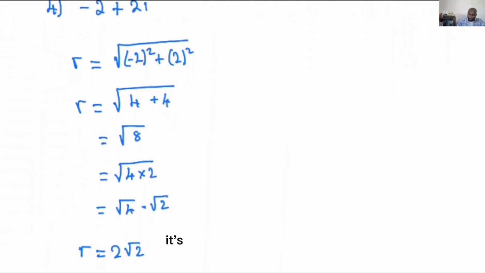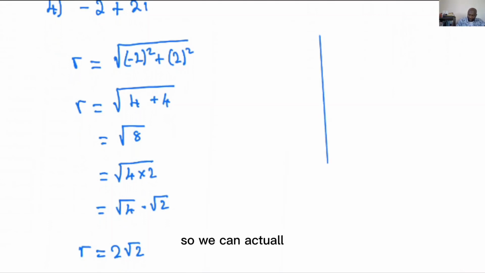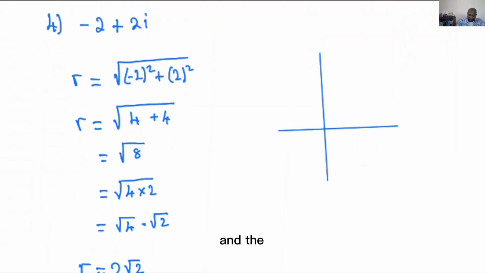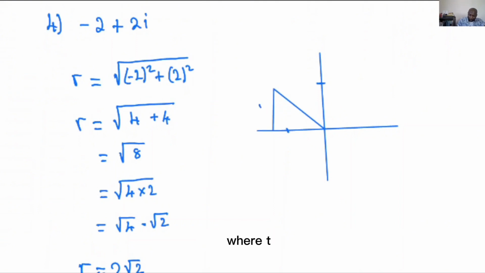And similarly, let's find the argument. So remember, it's always important to represent this on the diagram so we can actually locate the correct quadrant. So in the complex number, the real part is negative and the imaginary part is positive. So this is negative x and positive y. So this must be in quadrant number 2, where this is 2 and this is negative 2, or I can just write 2.